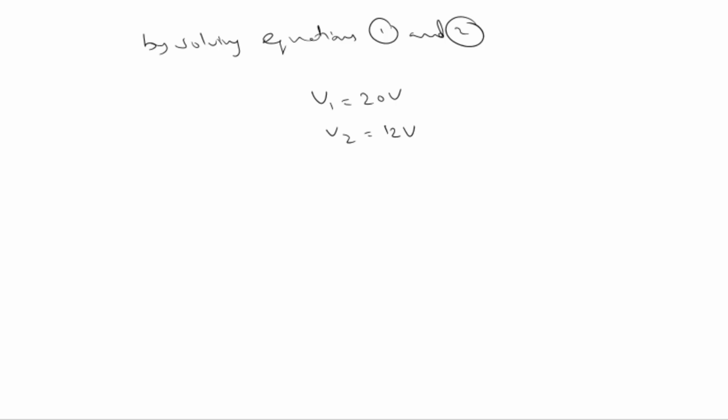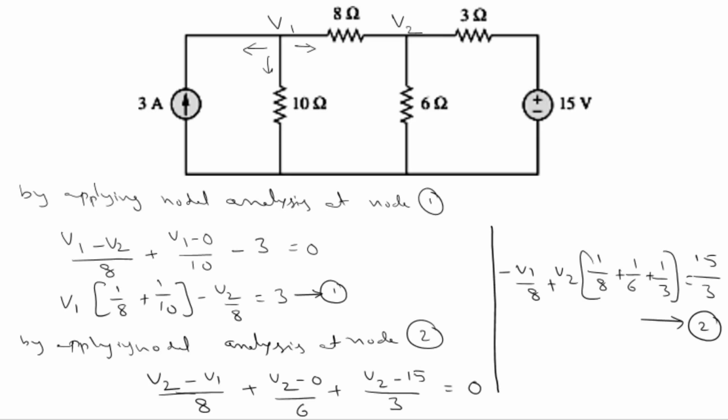We are asked to find the current flowing through each element. By observing the circuit, the current flowing through the 8 ohms is V1 minus V2 by 8, and the current through the 10 ohms is V1 minus 0 by 10. The current through the 6 ohms is V2 minus 0 by 6, and the current through the 3 ohms is 15 minus V2 by 3 or V2 minus 15 by 3.